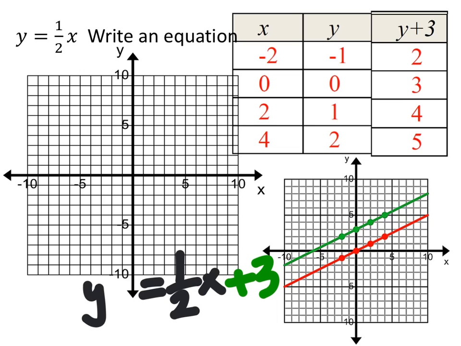That is called a y-intercept. So we have a slope and a y-intercept. The y-intercept is the value of y when the line crosses the y-axis. Additionally, for the y-intercept, the value of x will be 0 as it is here.